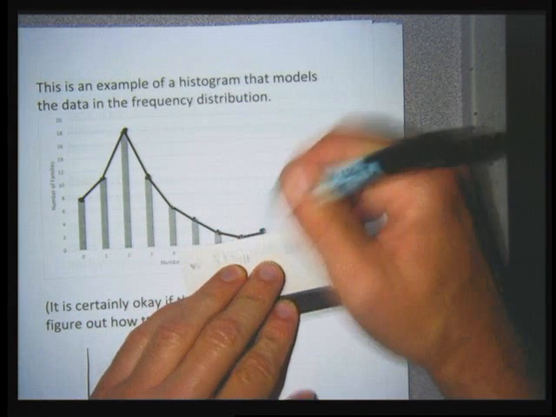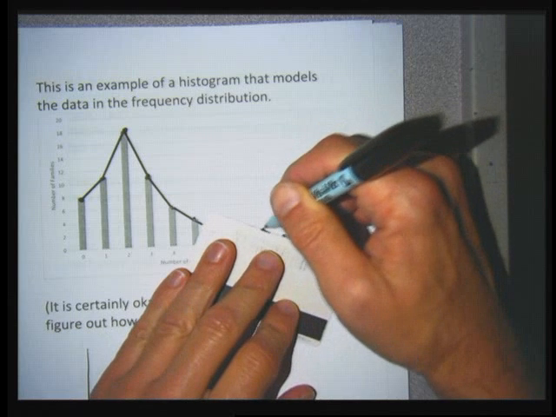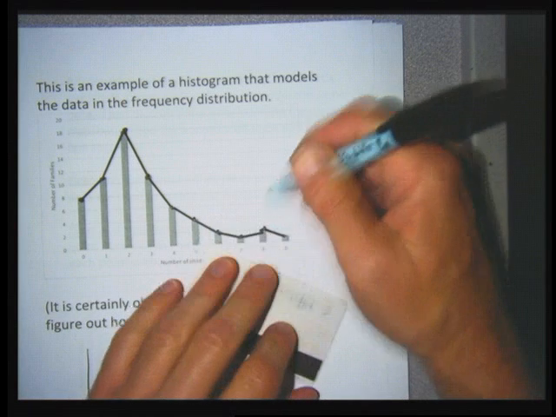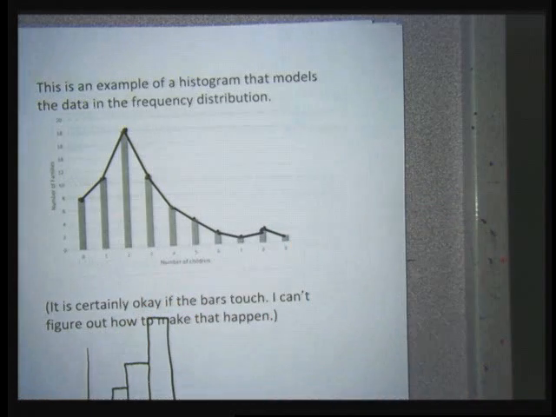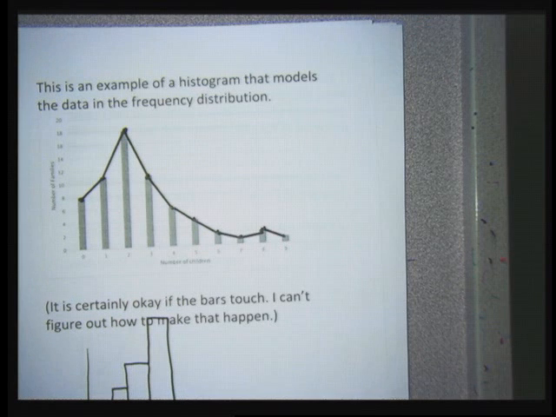So if this was a test question, more than likely on a test question that involves histograms and frequency polygons, I'll give you a frequency distribution, which is a 2-column table, and I'll say construct a histogram and a frequency polygon. I expect most of you to do them on the same graph.